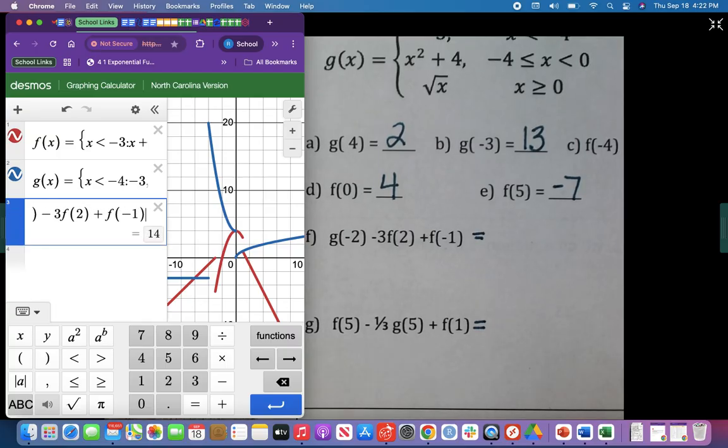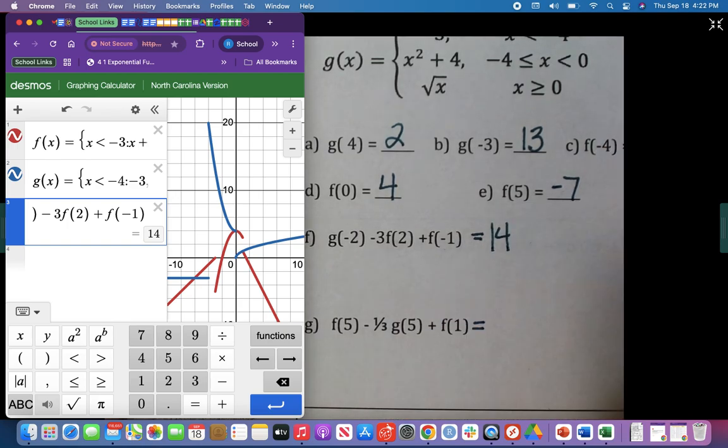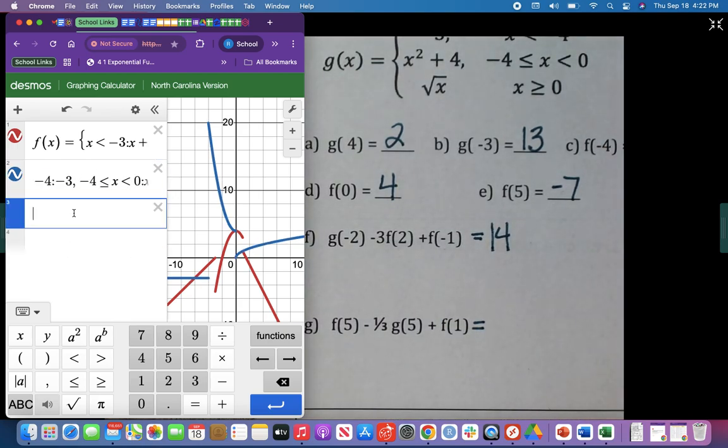All right, so I get 14 for that one. And then the last one, F of 5 minus 1/3 G of 5 plus F of 1. So that one is undefined, so I'm going to put undefined for this one.